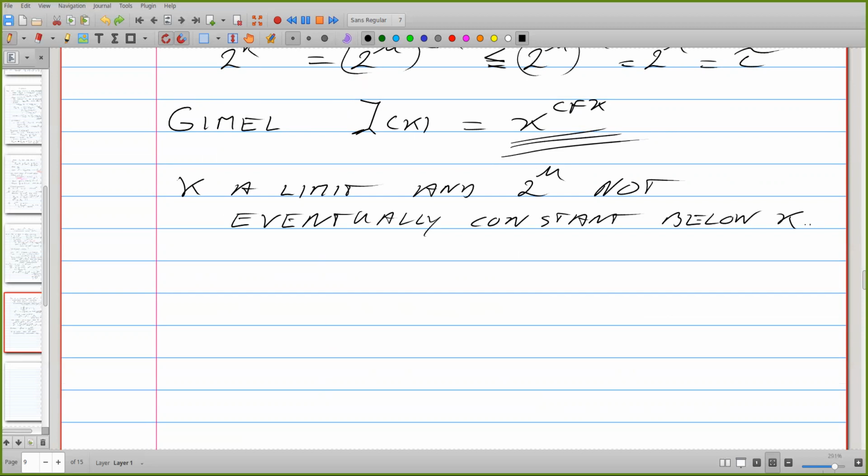So for every cardinal below kappa, there is a slightly larger one where the 2 power is a bit bigger. This is the only thing that can happen. It can only get bigger.